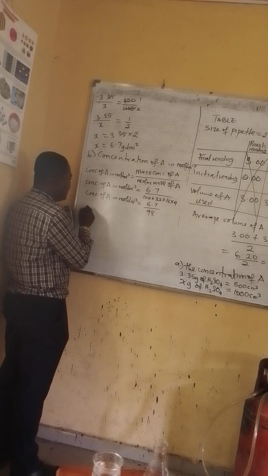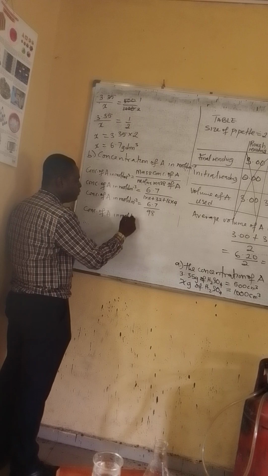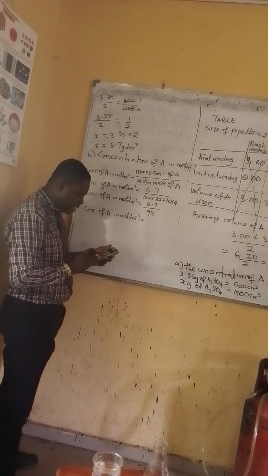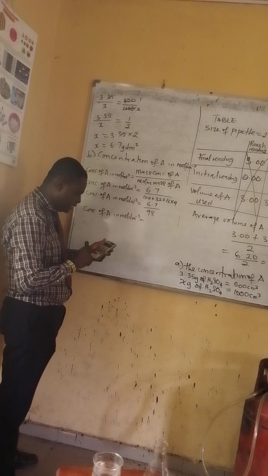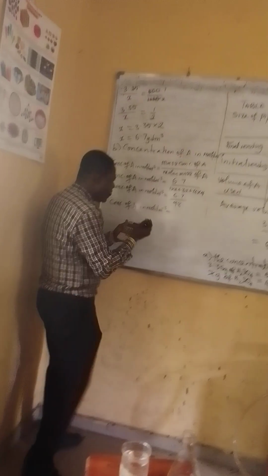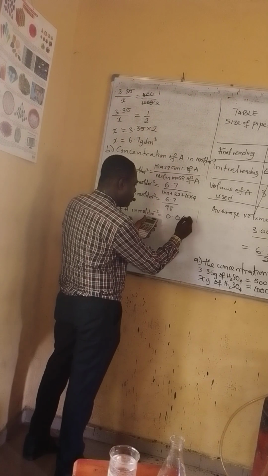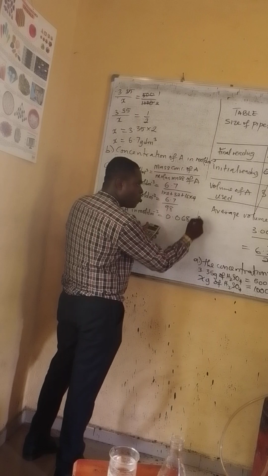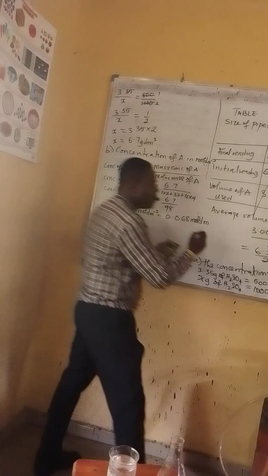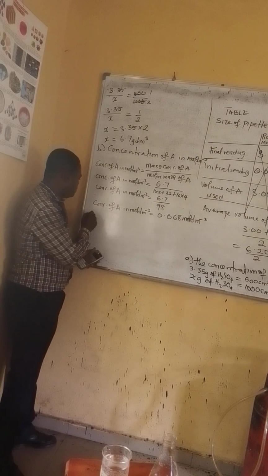So we divide: the concentration of A in mole per dm cube will now be equal to our answer divided by 98. That is 0.068. We have gotten the B part.